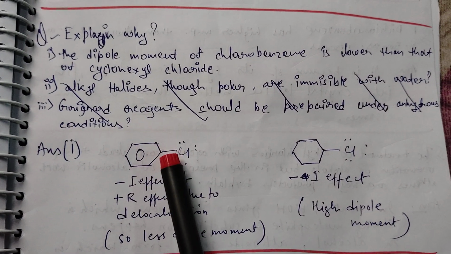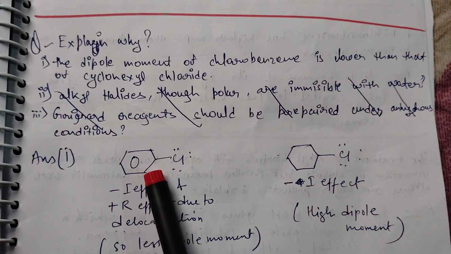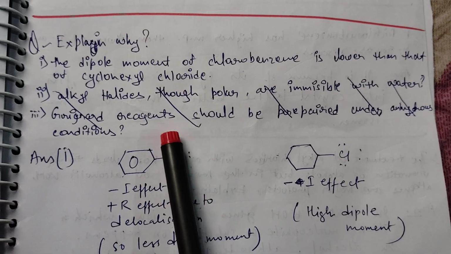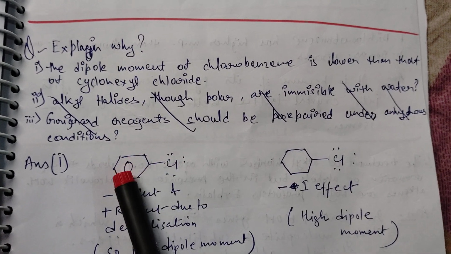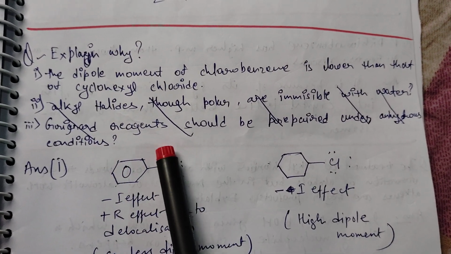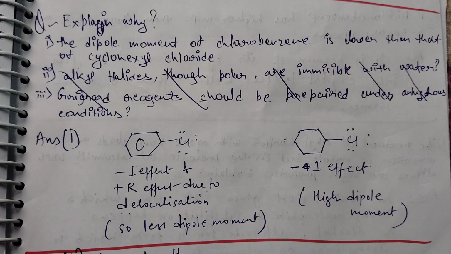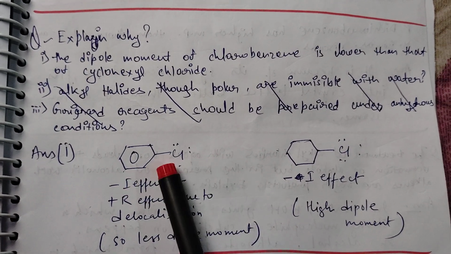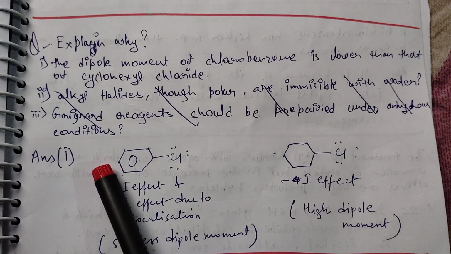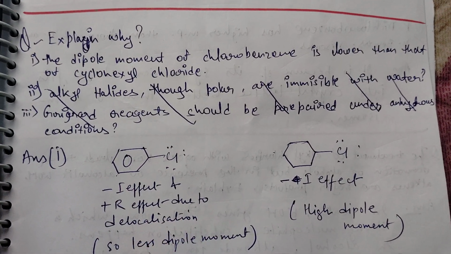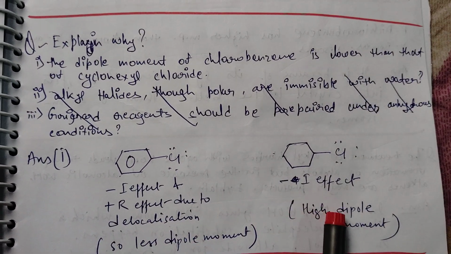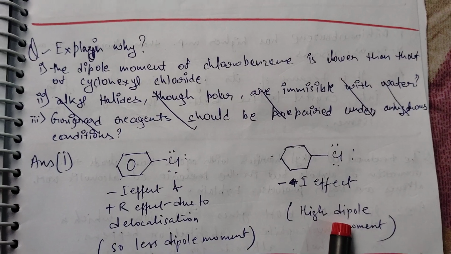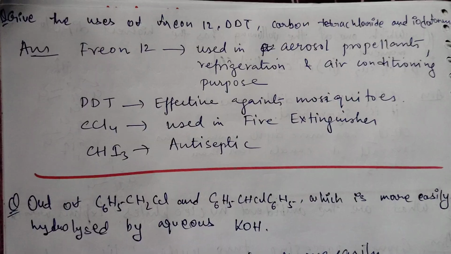Here also there is a minus I effect, but due to the presence of the benzene ring, the lone pair undergoes delocalization, and therefore the dipole is distributed on two sides and cancels a bit. So it has less dipole moment, and cyclohexyl chloride has high dipole moment.